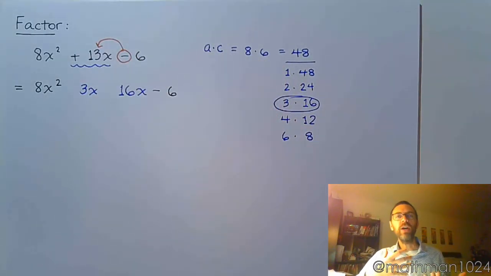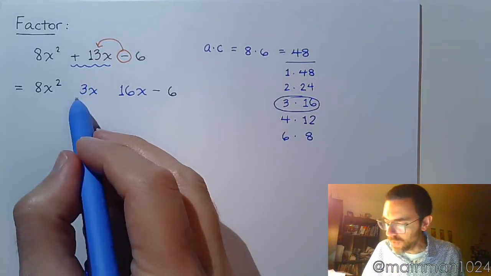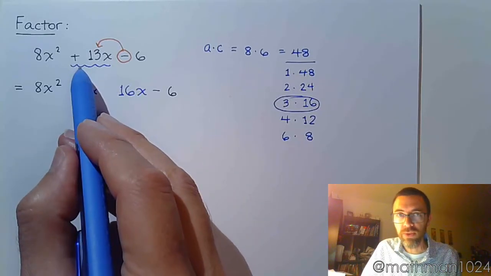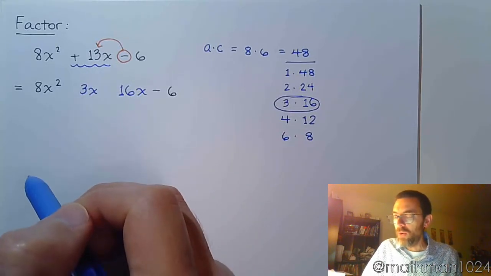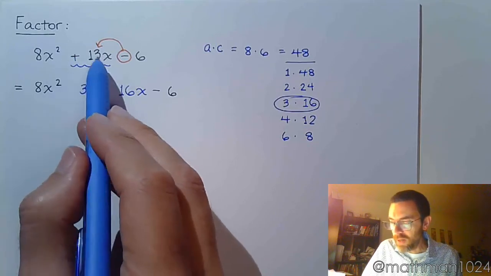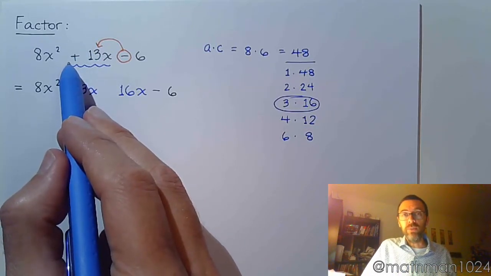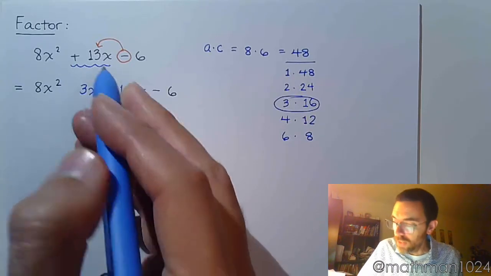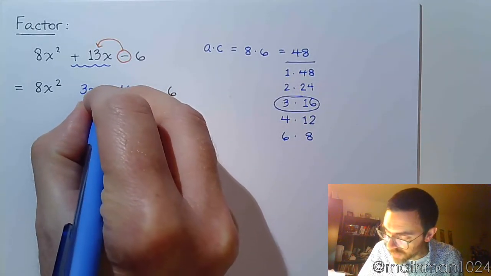So here's the time where you've got to pay attention to your signs. You need to take 3 and 16, and with the right signs, combine these to get a positive 13. Now, if this middle term is positive, whatever the sign is with the middle term is going to be the same sign of the larger of these two terms. So that means the 16 has to be positive.